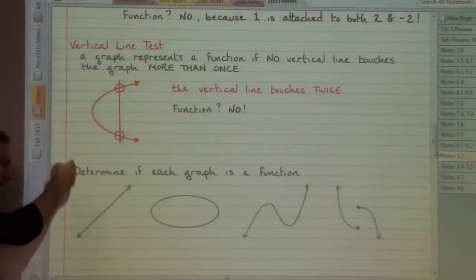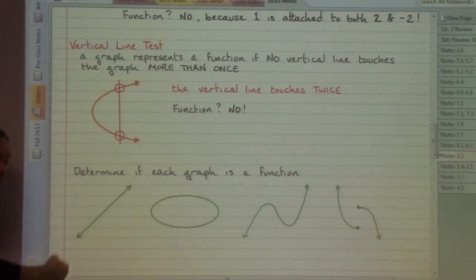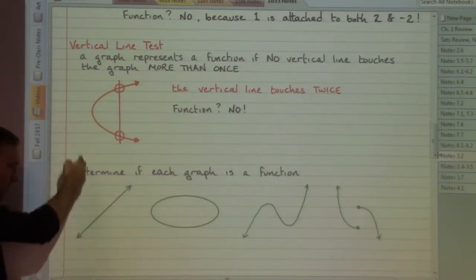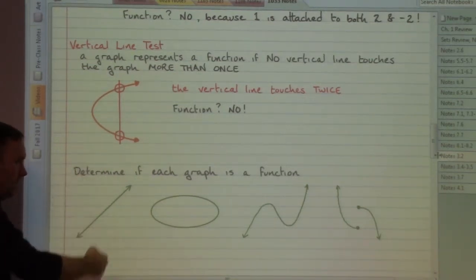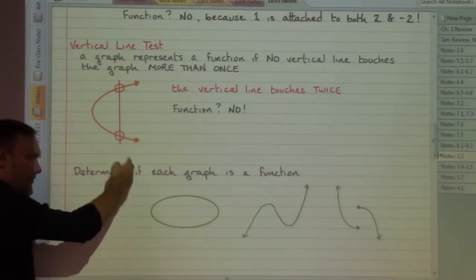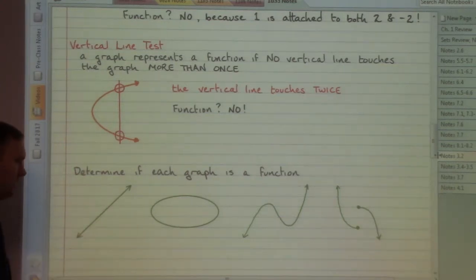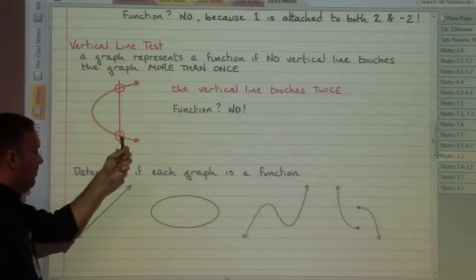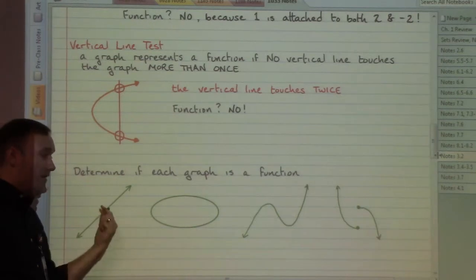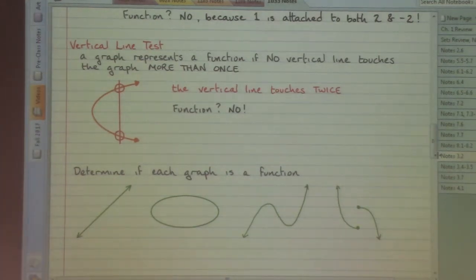Way off to the left side, the arrowhead says I eventually would hit this particular line. This green drawing here is a line. So each time I'm looking from left to right at those x's, one hit, one hit, one hit, one hit. Everything seems to be fine with that particular drawing. So we would have said that this one is a function.